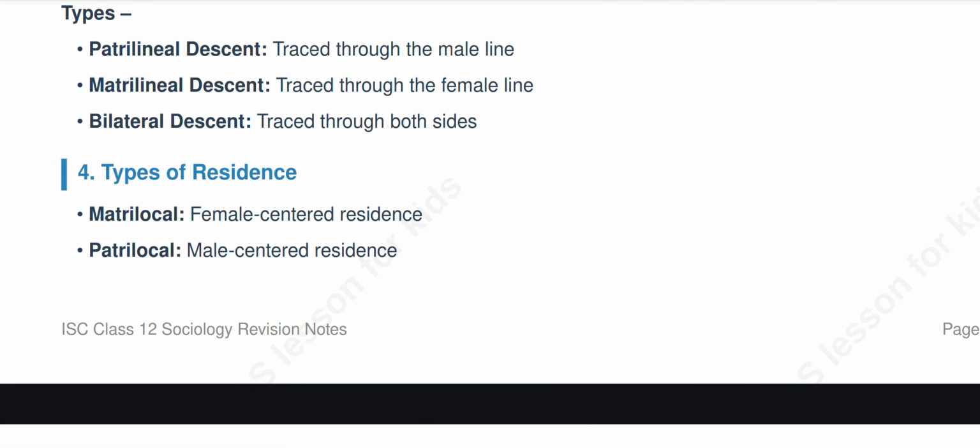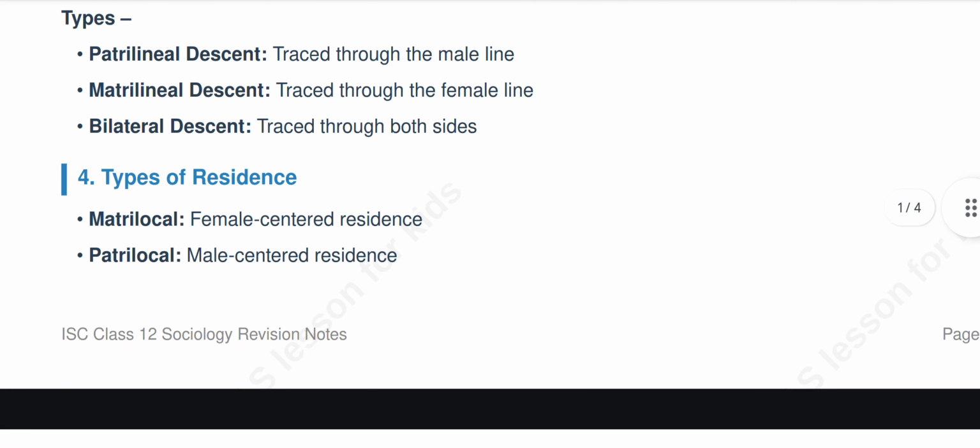The married couple, husband and wife, move to the wife's house to stay. But in India, most families follow the second one, which is the patrilocal residence, male centered residence, because after the marriage females move to the house of the male, the house of their husband.